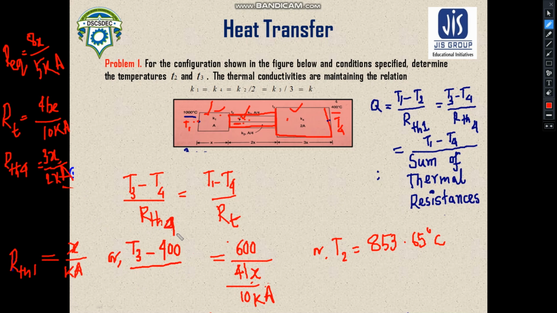And what is the value of this RTH4? It is 3 by 2 x by Ka. After performing the simple multiplication and addition, simplifying the equation which you have got here, you will find that T3 gives a value of 619.51 degrees Celsius.